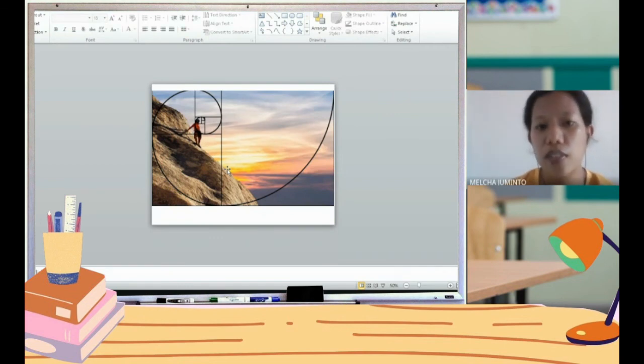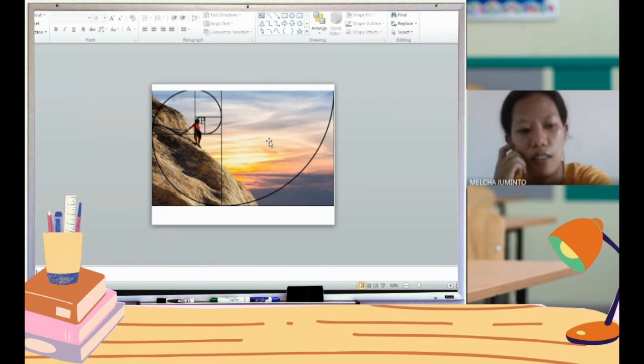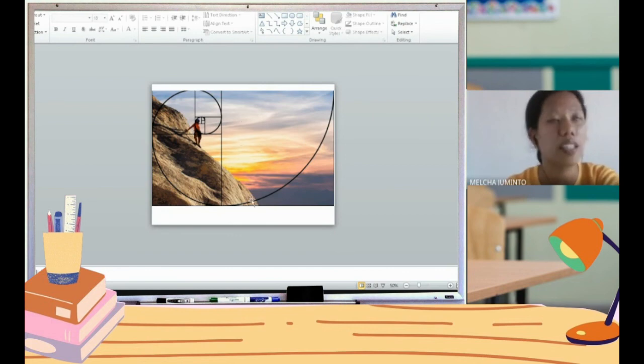Professional photographers use the golden rectangle in their pictures. For example, in this picture, as you can see, there is an application of the golden rectangle. Even in movies, those movies may follow the rule of the golden rectangle to show that the frame is pleasing to the eyes.